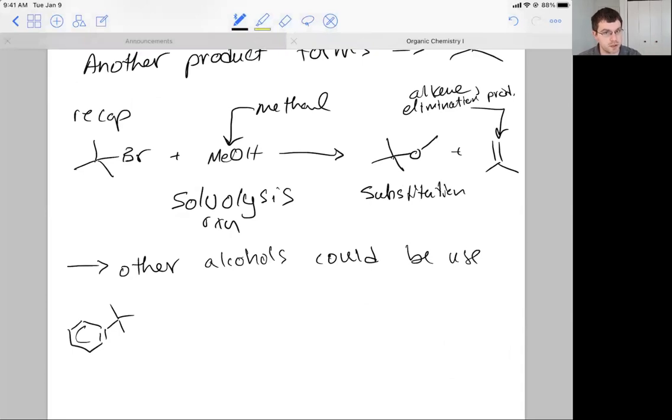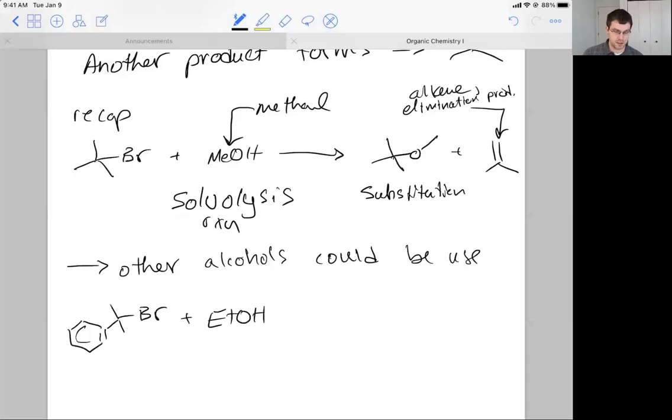This is an example of an SN1/E1 reaction, which we're going to look at in a lot more detail in the upcoming lectures. I just wanted to give you some context for what a solvolysis reaction is. It's kind of awkward because it's really an SN1/E1 reaction. That's what I care about you knowing, but people also call it a solvolysis reaction. It's a nice way, though, to introduce this concept to us.